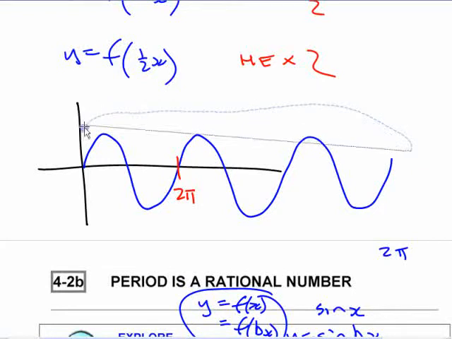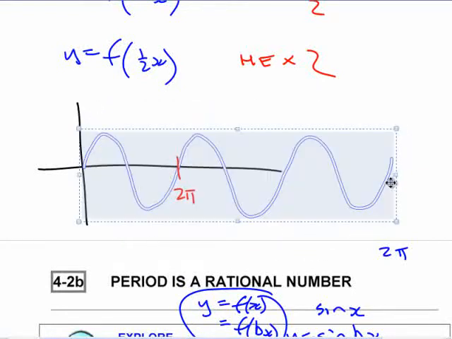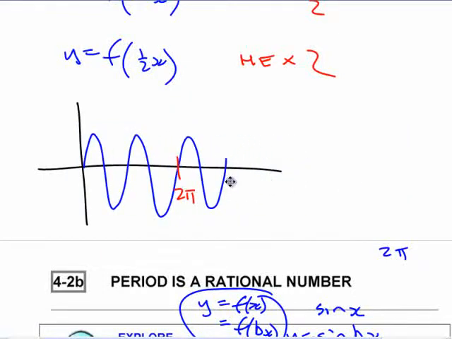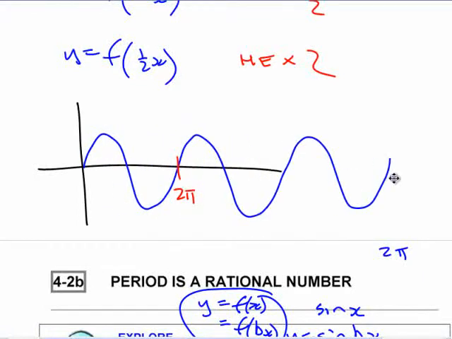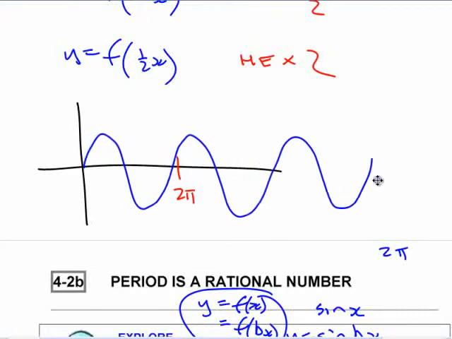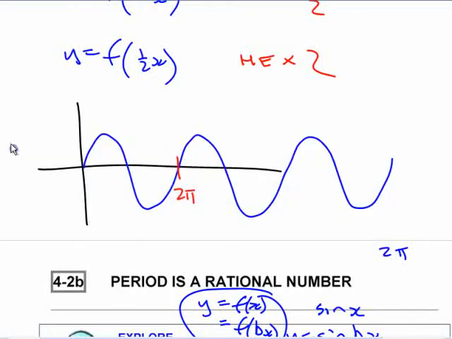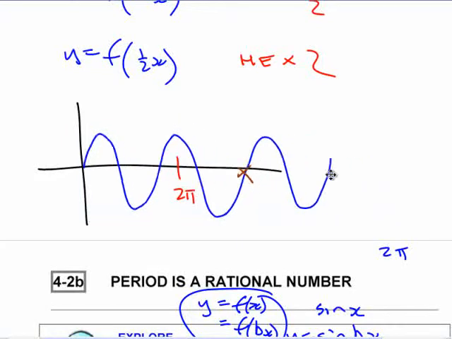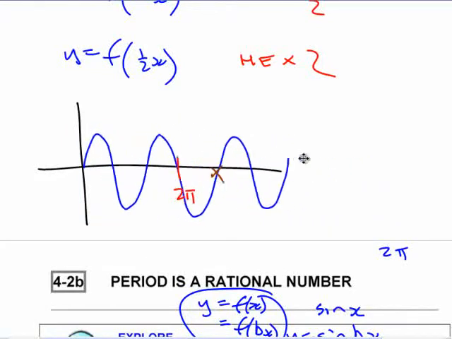If you put a 2 in front of it, it's going to compress this so that 2 cycles are in 2 pi instead of 1 cycle, right? 2 cycles are in 2 pi, not 1. Right? So this point right here is going to move, just think about where that point goes. Okay, so that point goes to there. 2 cycles in 2 pi.